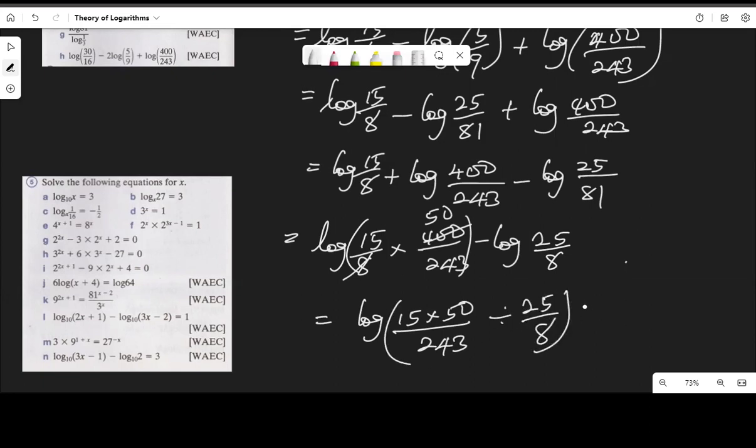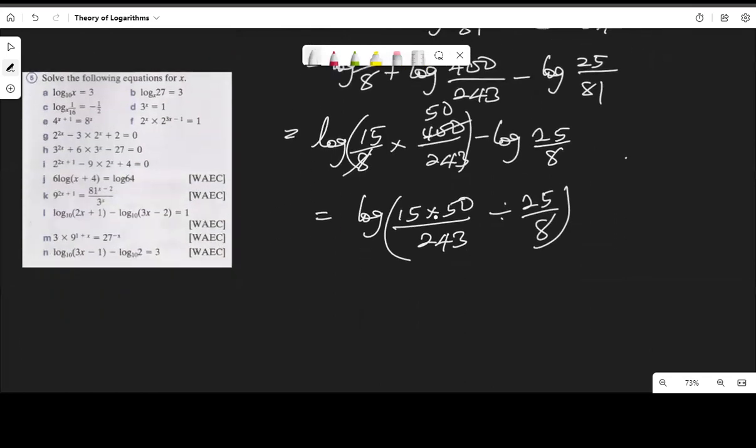I'm applying the laws of logarithm. And when we divide one fraction by another fraction, we should know what will happen to division. So I'll have log 15 times 50 over 243 multiplied by 81 over 25.